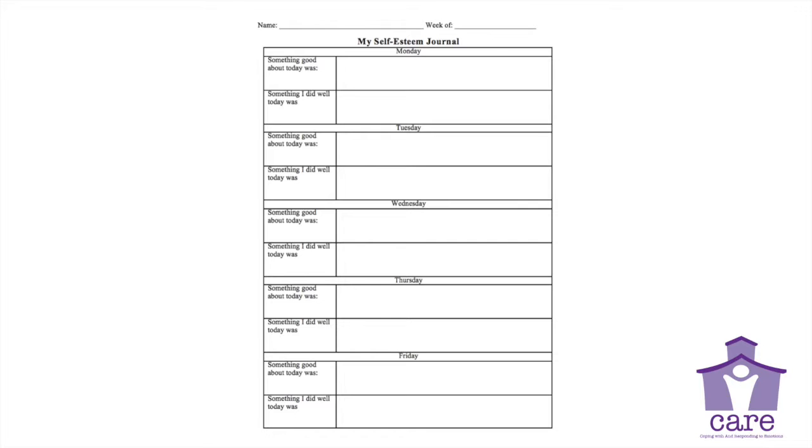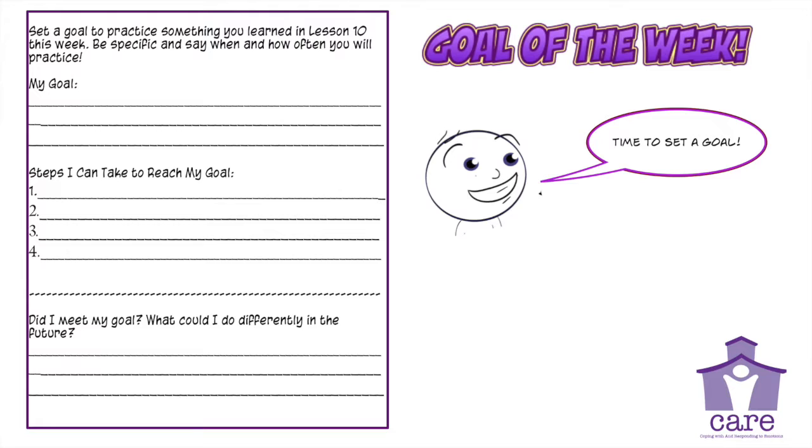This might be something that you want students to fill out at the same time that they're doing those daily student ratings, because it would fit very nicely into that once a day stopping and reflecting. Okay, and then finally, go ahead and have students set a goal for something that they've learned in lesson 10, and make sure that they're specific using that I will statement, and that it includes what the student will do and by what date.